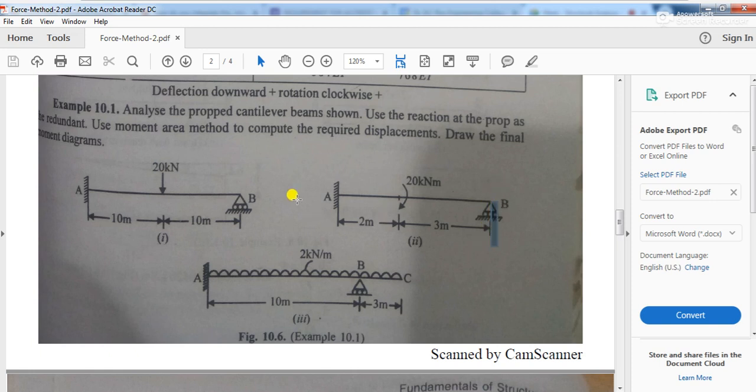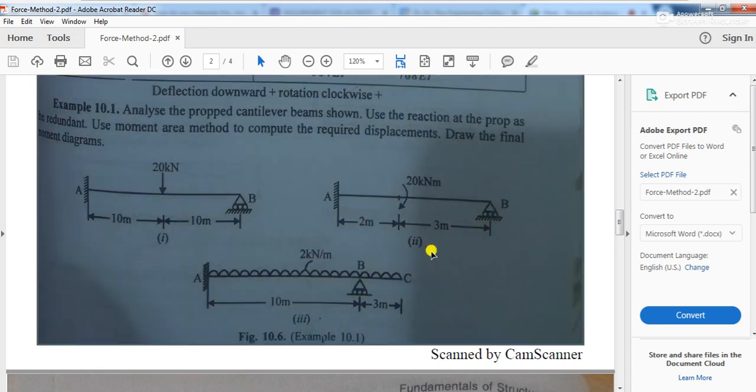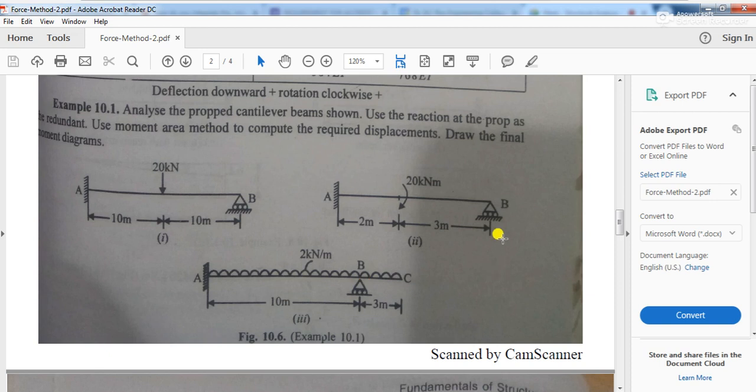Exactly the same way we have solved problem number 1. If we take the reaction force at B as the redundant, what is the definition of a primary structure?